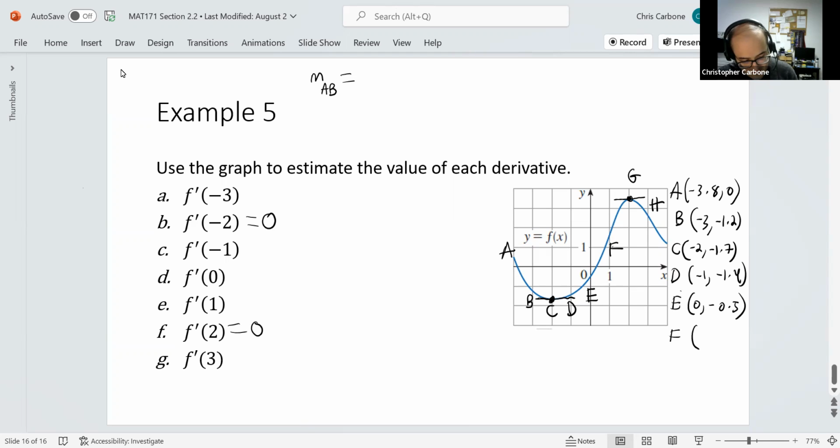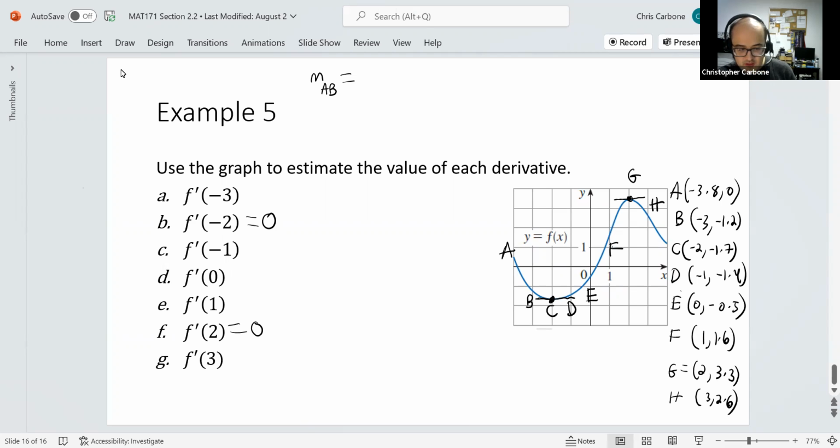F is the point 1, comma 1.6. G is 2, comma 3.3. And then H is 3, comma 2.6.